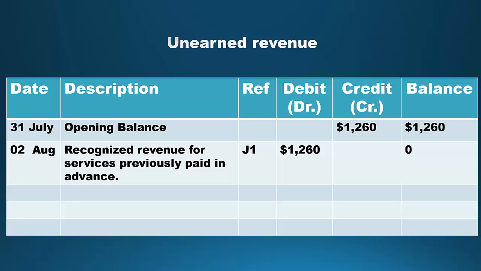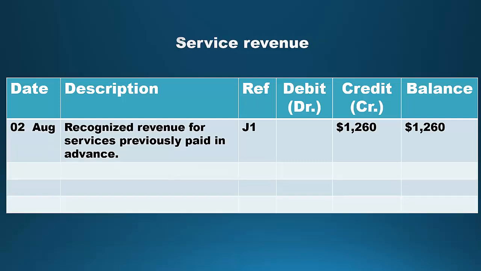Date. Write the date August 2. 2. Narrative. Add the narrative. Recognized revenue for services previously paid in advance. 3. Reference. Add the journal reference, J1. 4. Amount. Enter $1,260 in the debit column because unearned revenue is a liability and liabilities decrease on the debit side.